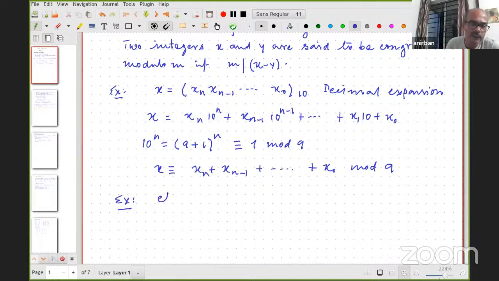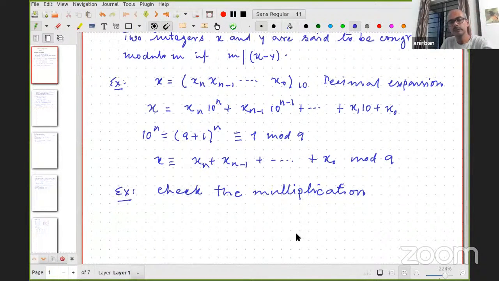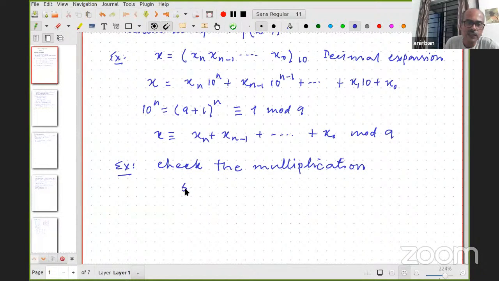Check this multiplication, just to amuse yourself, 40162 times 233256 equals 846... Of course, this is to be checked without multiplying, using the trick.